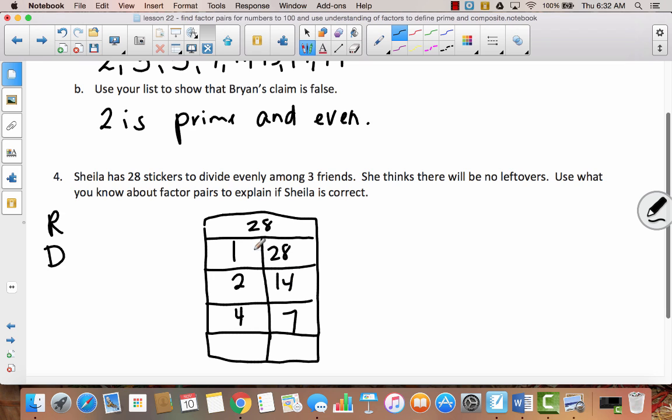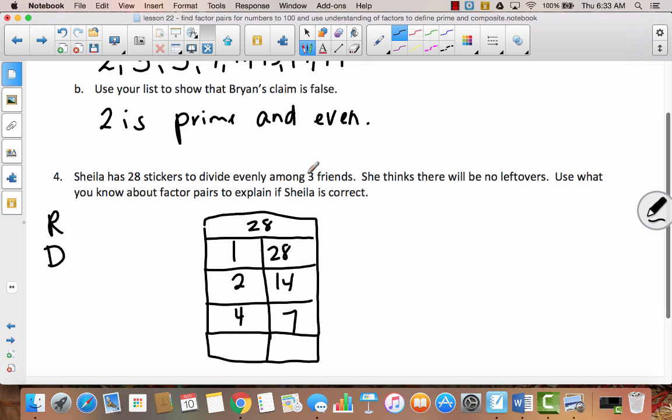Well, what this means is if I took 28 stickers and divided them between 28 people, everybody would get one sticker and there'd be no leftovers. If I divided it between two people, everybody would get 14 stickers and there would be none left over. Or if I divided them between 14 people, everybody would get two stickers and there would be none left over. Or I could divide them between four people and everybody would get 7 stickers with none left over.